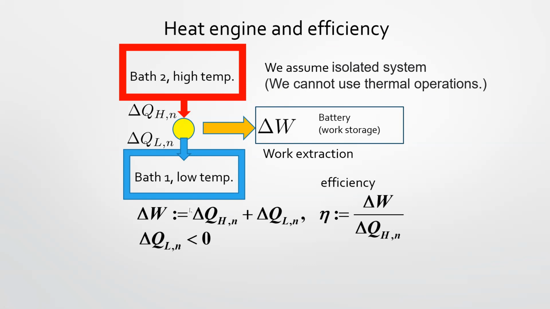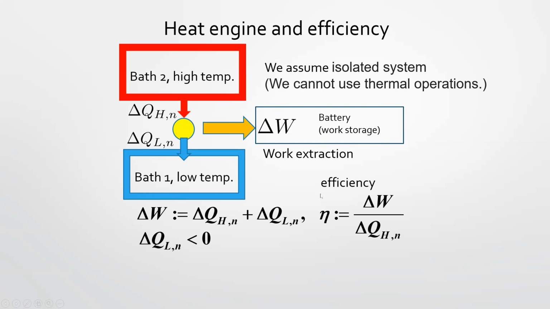So due to that reason, the loss, the difference, this one should be minus. This one produced this heat, and this bath produces heat, but this one receives this heat. In this case, this is a minus quantity. So that quantity can be considered work extraction.